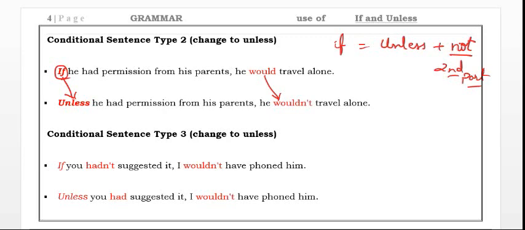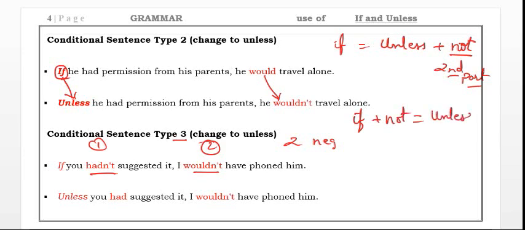Conditional sentence type 3. Change to unless again. Now if you see, I have two negatives, in the first part and in the second part of the sentence. But as we say, our rule says if plus not is equal to unless.